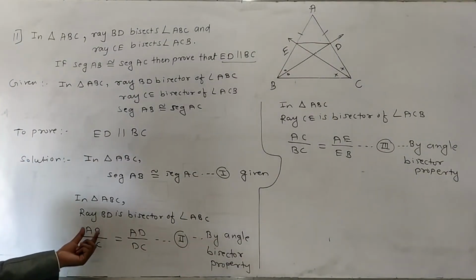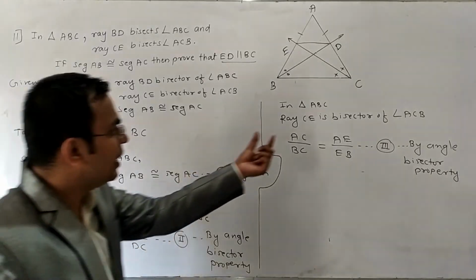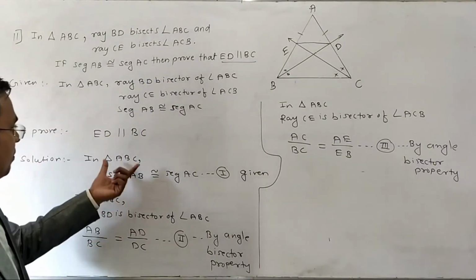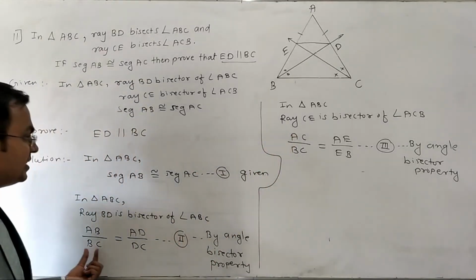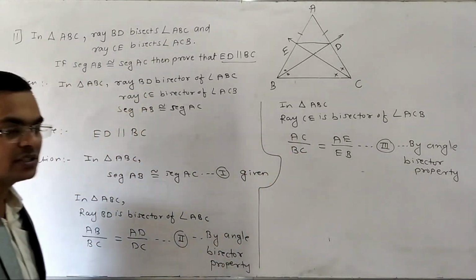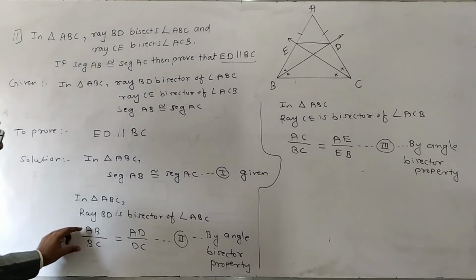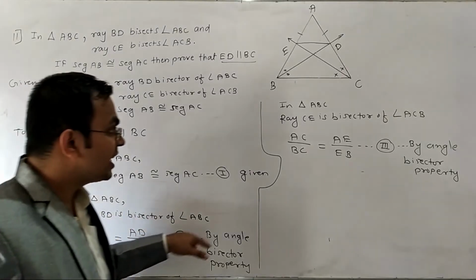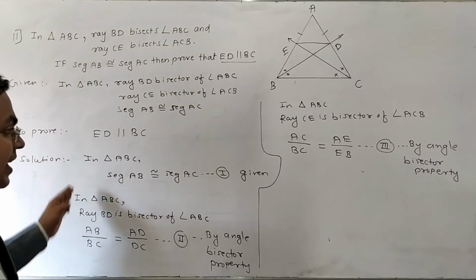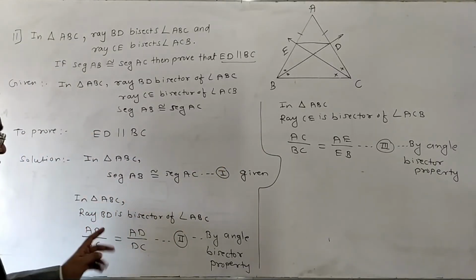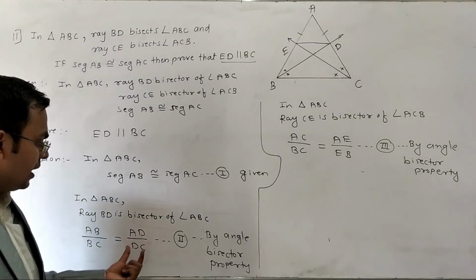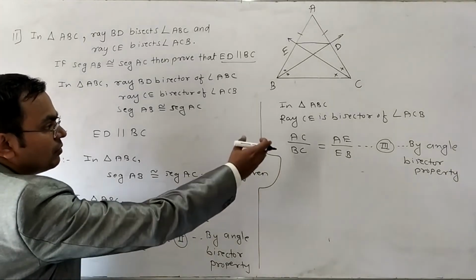To get this, we have from equation 1, AB equal to AC, and BC already equal to BC because it is same. So in equation second and third, left hand side is already equal, from equation 1. So we can equal right hand side from equation 2 and 3.